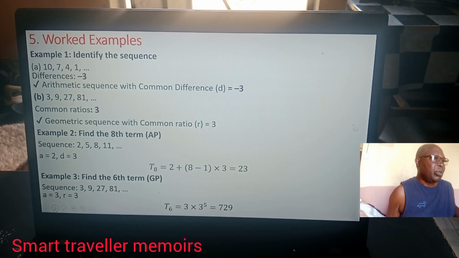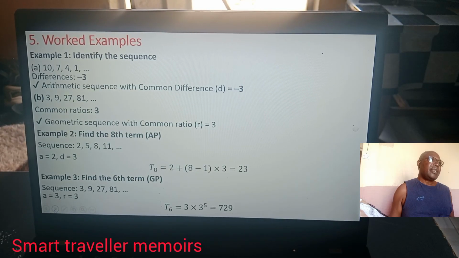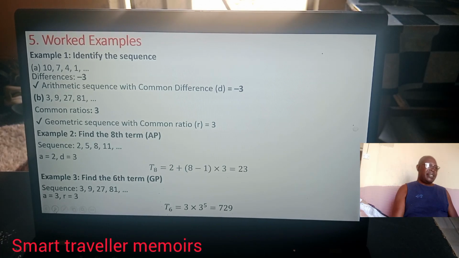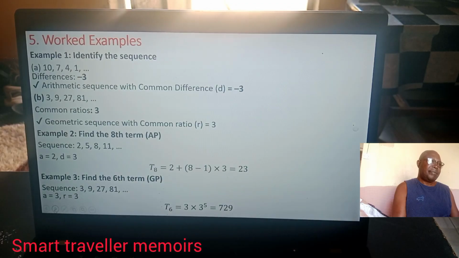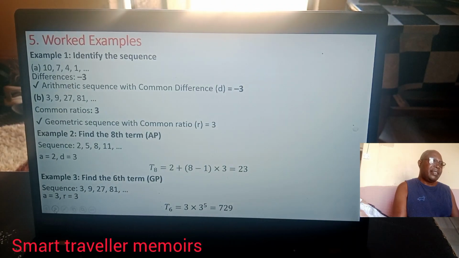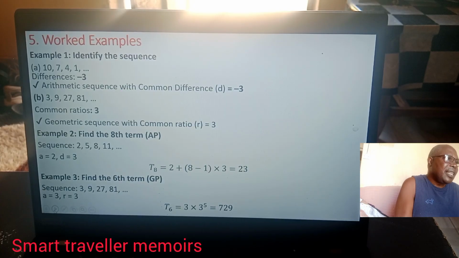Worked examples. Example 1. Identify the sequence. A: 10, 7, 4, 1. Check the differences and you find that the difference is negative 3.